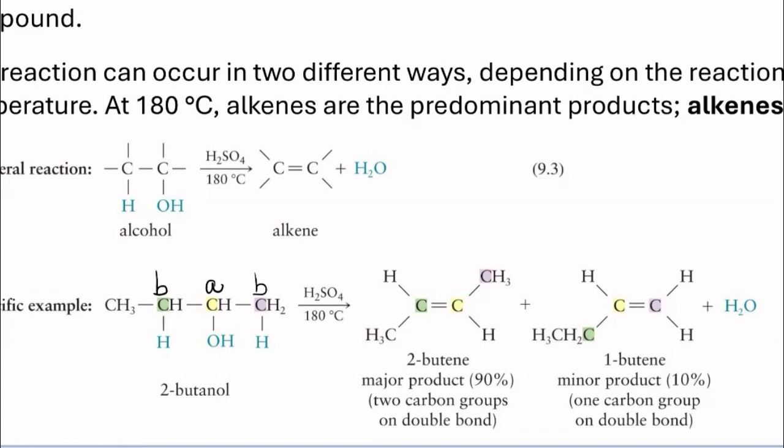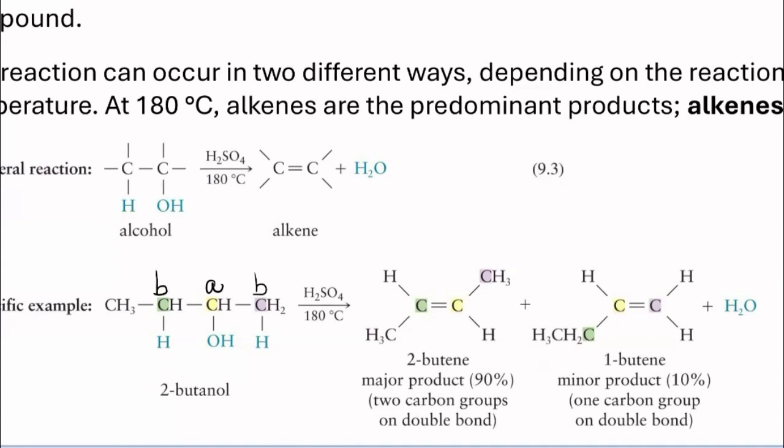I'm symbolizing beta with a letter B. As long as the beta carbons are tetrahedral and have a hydrogen atom, those are going to be the molecules that can undergo the process of dehydration to produce an alkene.